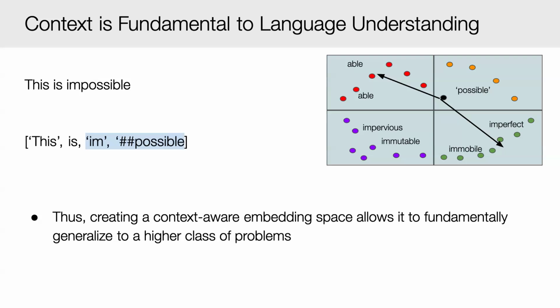It understands what it means when we put the word im in front of it. This is why tokenization is really important, because by tokenizing the word in certain ways, we're able to give additional context to the word. We generalize to all negative words, not just what impossible means in that situation, but imperfect, impervious, immutable. We know what all these mean now. Does this make sense?